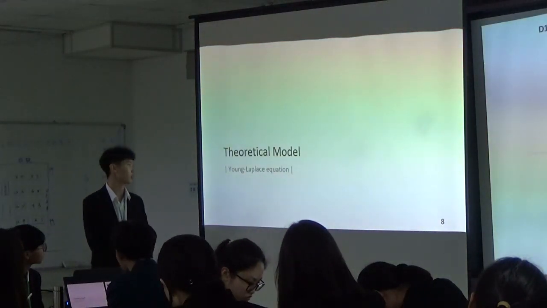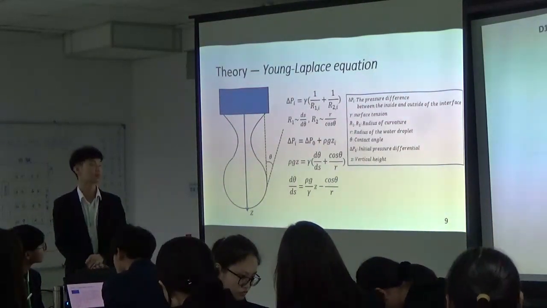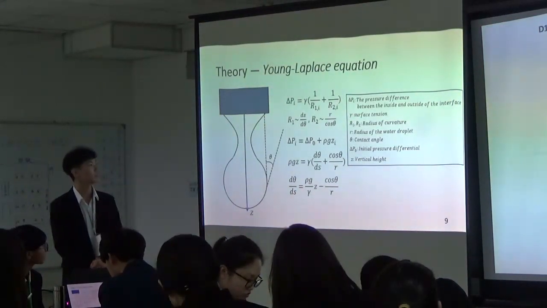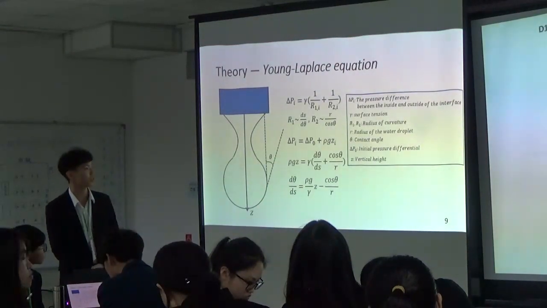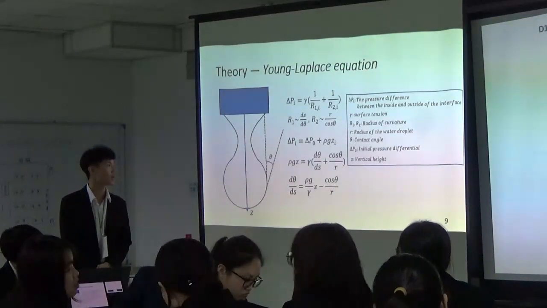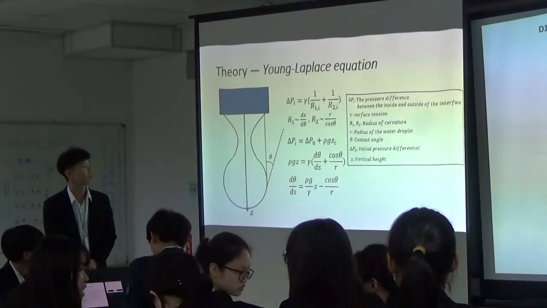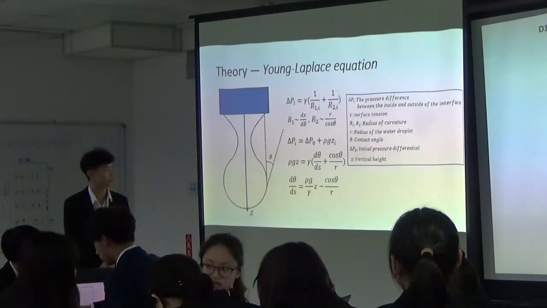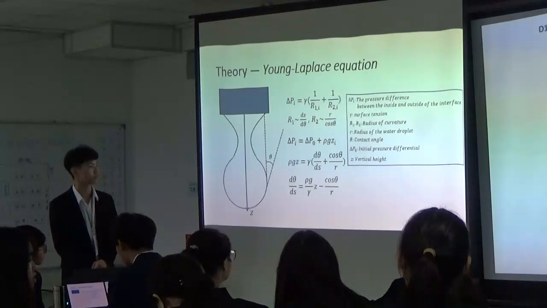And here is our theoretical model. We use the Young-Laplace equation to describe the phenomenon. P means the pressure difference between the inside and outside of the interface, and gamma is the surface tension, and capital R is the radius of curvature, and the small r is the radius of the water droplet, and theta is the tangent angle, and P0 means the initial pressure differential, and z means the vertical height.